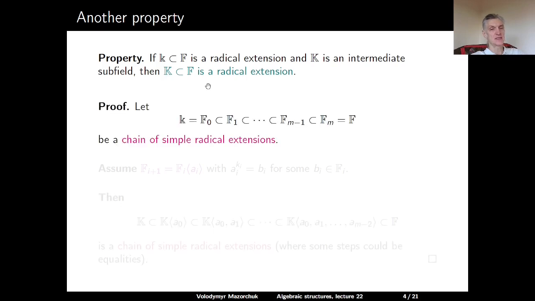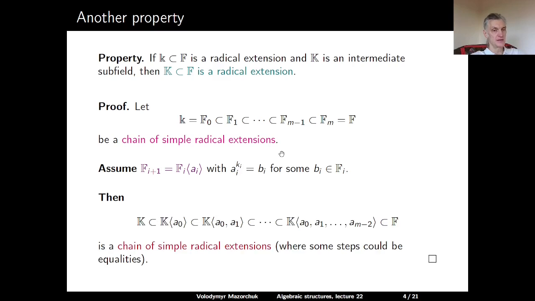Proof. Let us take a chain of simple radical extensions which start from little k and end in the capital F, and we have m steps. Assume that at step i, the field Fi+1 is obtained from Fi by adjoining the element ai, and that ai to the power ki is equal to bi for some bi in Fi and some positive integer ki. Then, the following chain is a chain of simple radical extensions by definition.